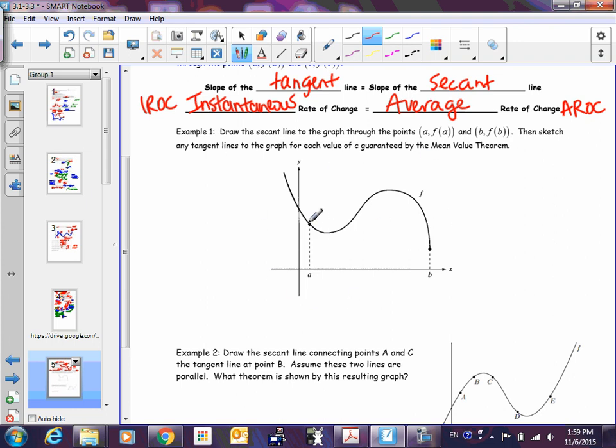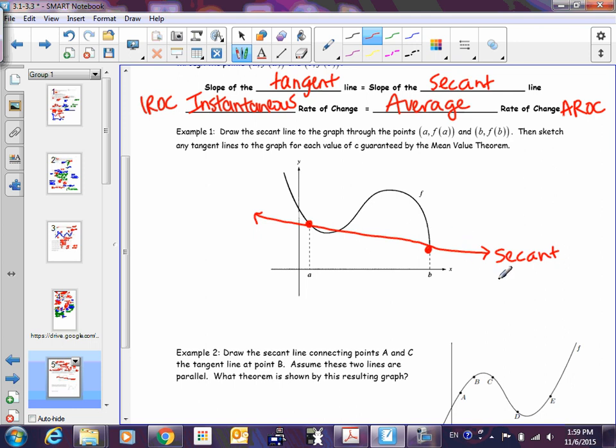Let's draw the secant line from A to B. First of all, this is continuous and differentiable on a closed interval, so I know that I can use this theorem. So there is my secant line. The secant line connects those 2 points.